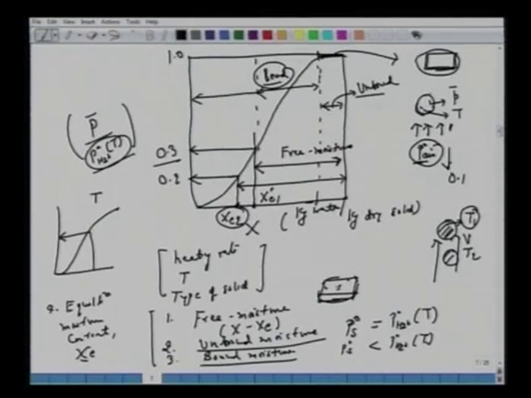One very interesting thing that occurs in the drying of a solid is, since we have pores, the rate of drying is different when we have a dry solid and we are trying to wet it, and when we have a wet solid and we want to dry it.